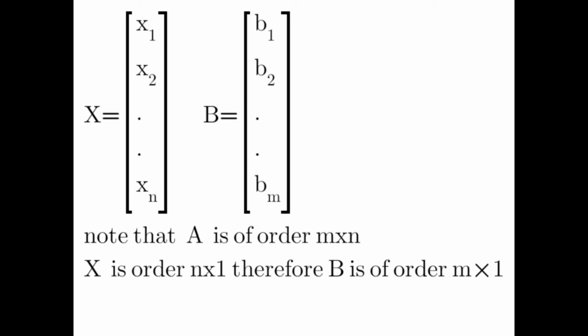You note that when we write it in the matrix form, AX is equal to B, A is of order m cross n, X is of order n cross 1, and B is of order m cross 1. So you may note that m cross n into n cross 1 is the matrix multiplication, and the result will be an m cross 1 matrix. So the B matrix is of order m cross 1.